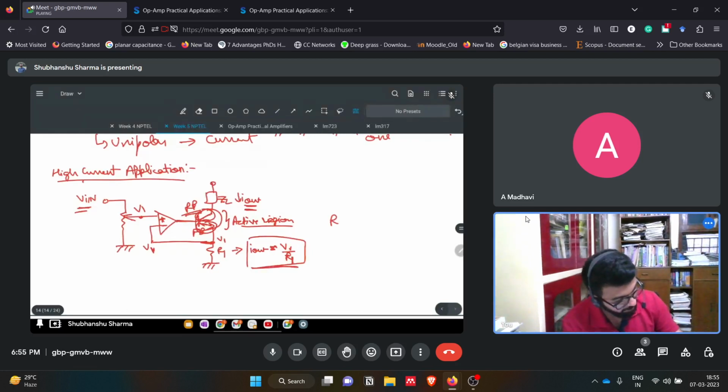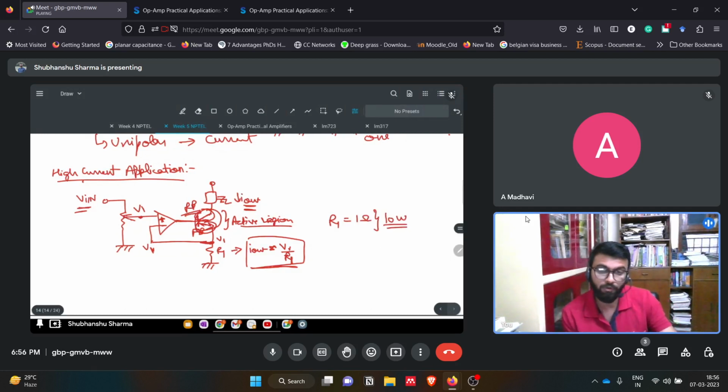If we keep R1 equal to 1 ohm, at the same time the power rating of the resistor should be high, that is 10 watt. We saw that in the experiments also, where we used a 10 watt resistor, the green one, that was very big in size.